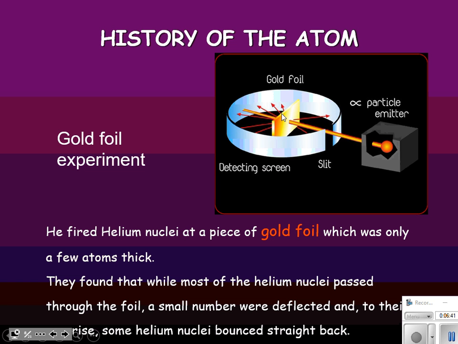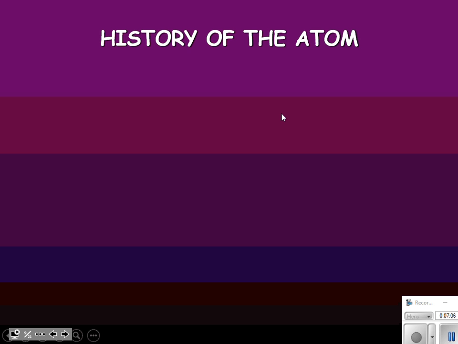Sometimes it passed directly through, other times it ricocheted slightly, sometimes it bounced straight back at the emitter. So he said there was something dense in that gold foil causing those nuclei to deflect, and that was what he called the nucleus.